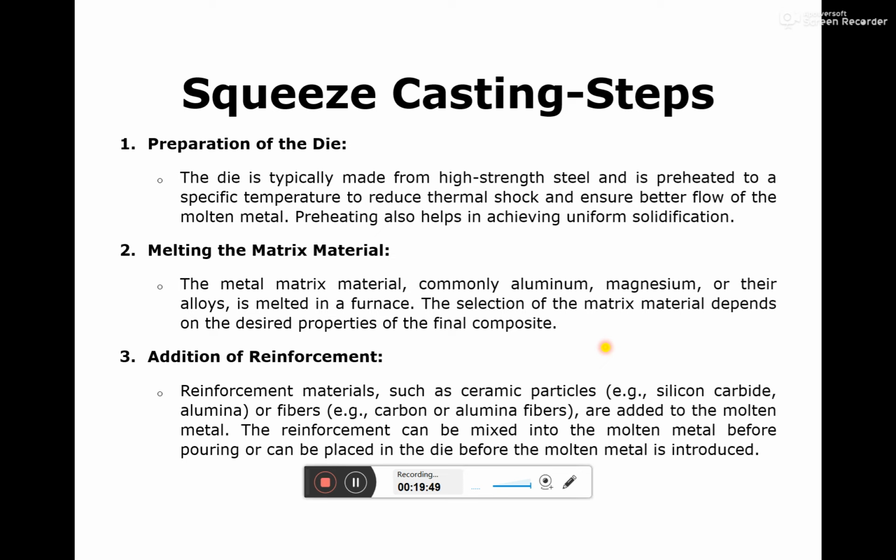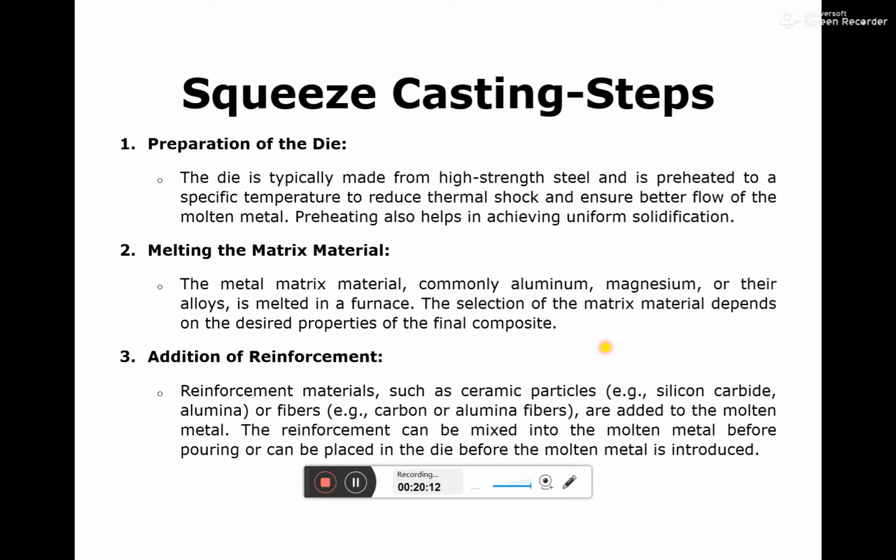You may choose silicon carbide, carbon fibers, aluminum fibers, boron carbide or titanium carbide. Different particles you may choose, and this reinforcement can be mixed into the molten metal before pouring.